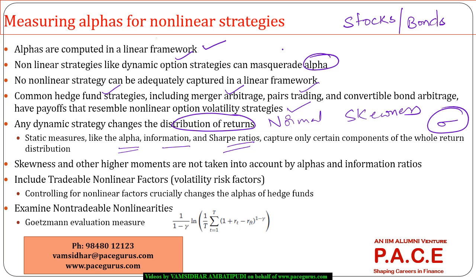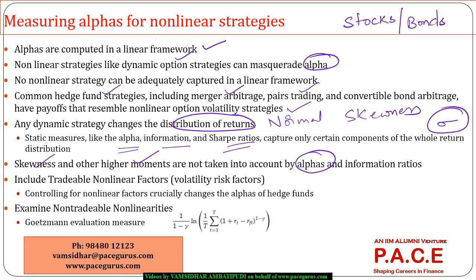But if it is very much deviating from the normal, just like hedge fund returns, then I cannot use the direct measure of alpha, because with heavily skewed data and even kurtosis and other higher moments, if they are much higher, the regular alpha does not take those things into consideration at all. So that's the reason the regular alpha cannot be used for measuring alpha for nonlinear strategies.